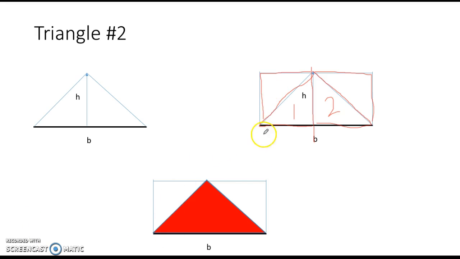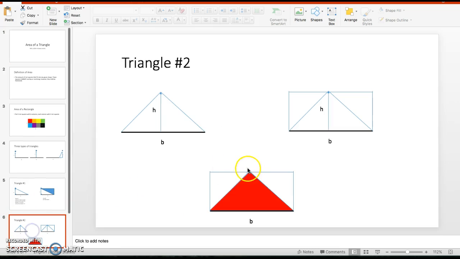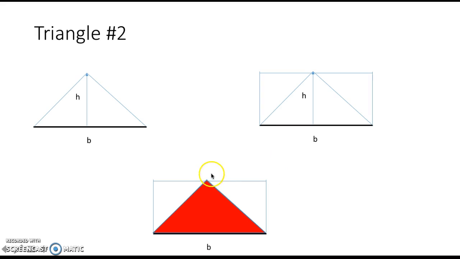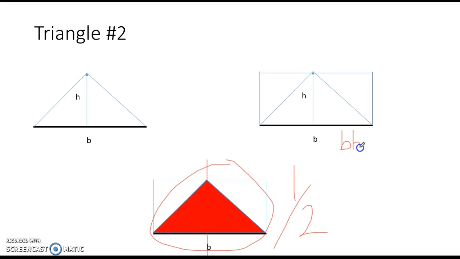Here's our third and our fourth. And from this picture here, you can see that this here makes up 1/2 of our rectangle, and we know for rectangles base times height, or BH, equals A, area.